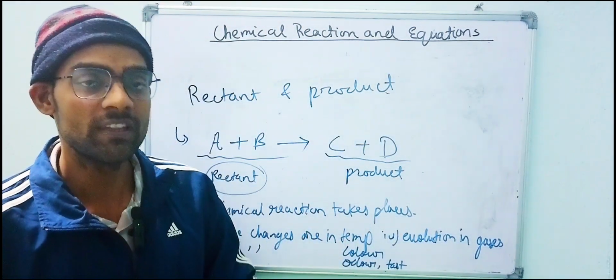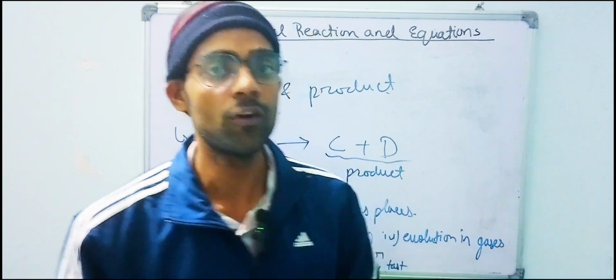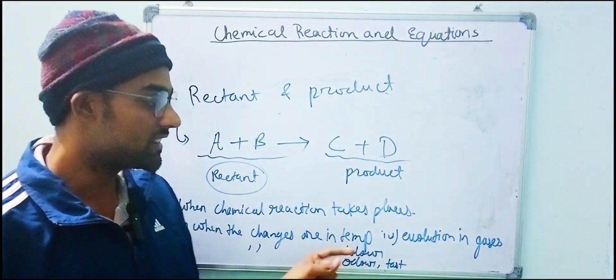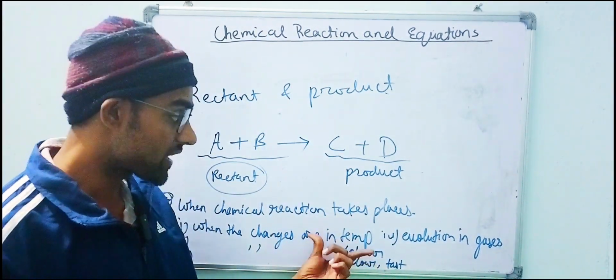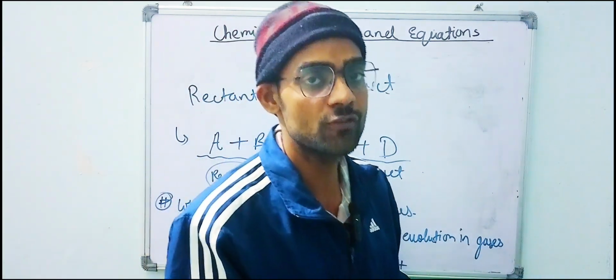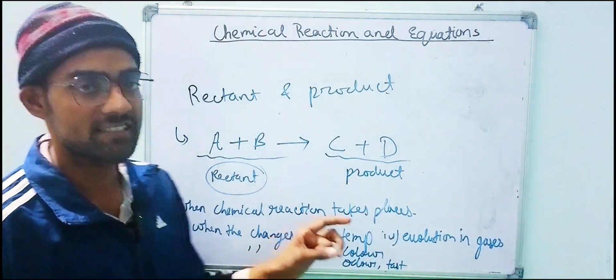The first point, when there are changes in temperature. Second, when there is a change in color. Third, when there are changes in odor or taste. And fourth, when there is evolution of gases. Basically, these are the four points. When these four points take place, then a chemical reaction takes place.